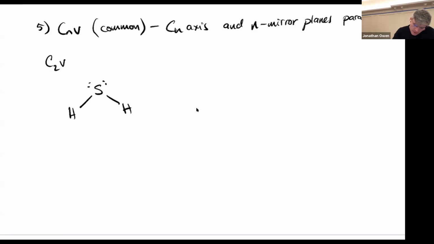There's a C2 axis that swaps the 2 hydrogens here. And according to our definition, we must have 2 mirror planes parallel to CN. Those guys look a little something like this.